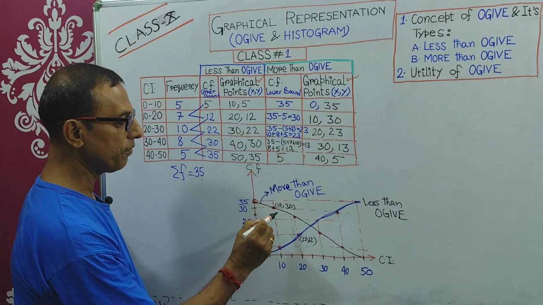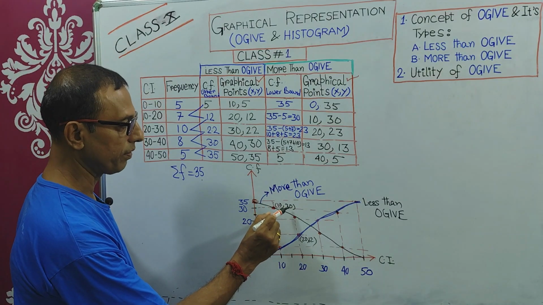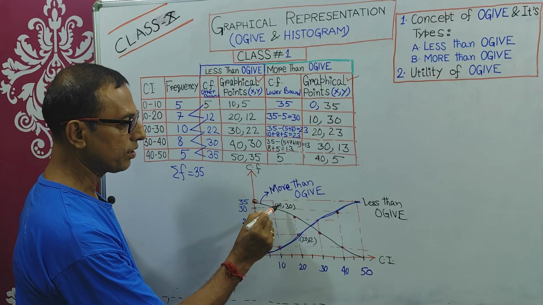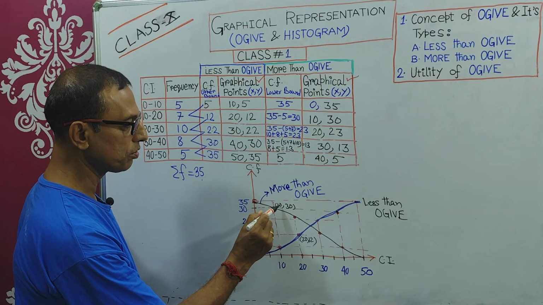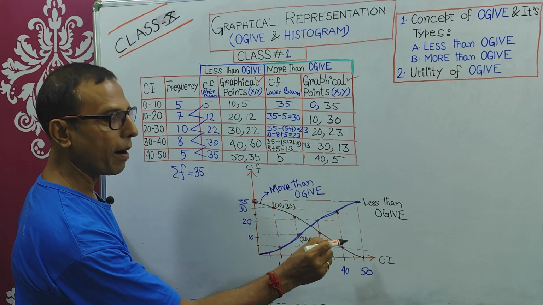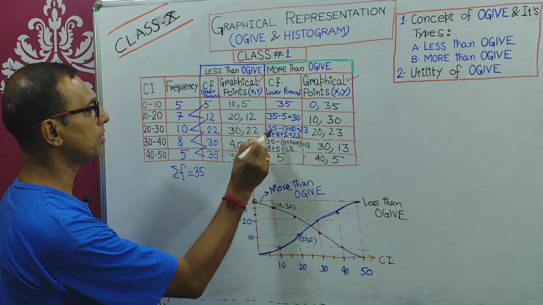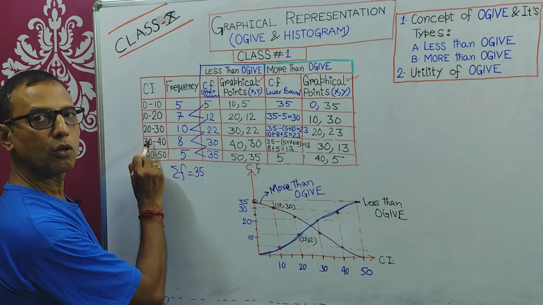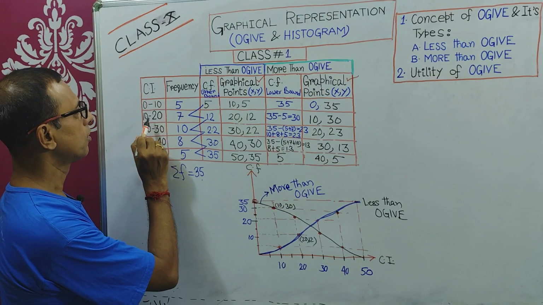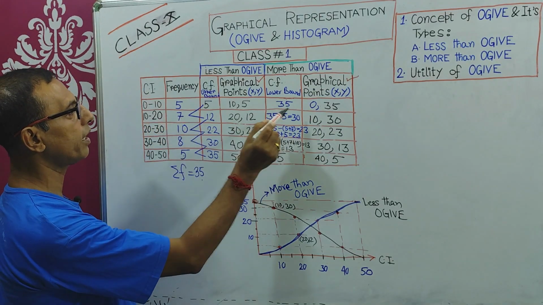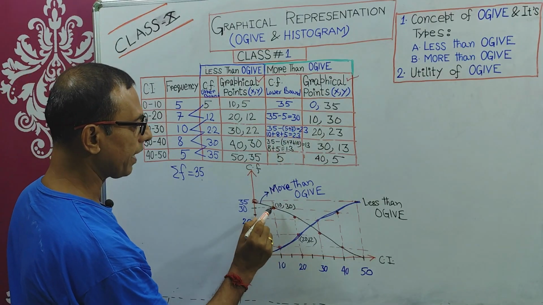So for the more than ogive, there are a total of 30 observation values which are 10 or above 10, 10 or more than 10. Because for the more than ogive, you have considered the lower bound. So 10, 20. So above 10, how many values are there? It is 30. So above 10, you have 30.